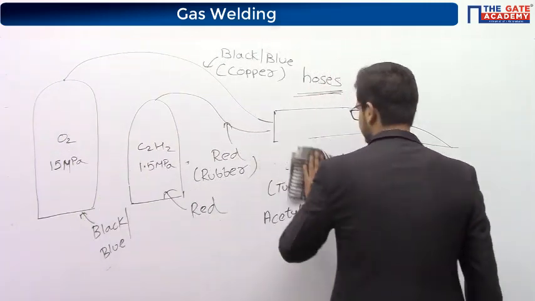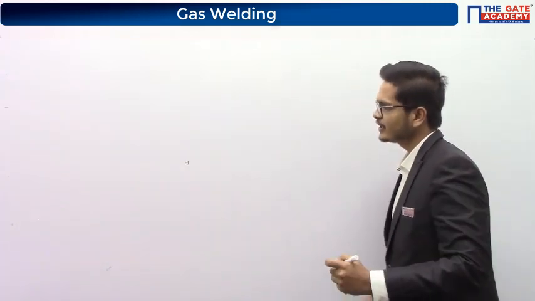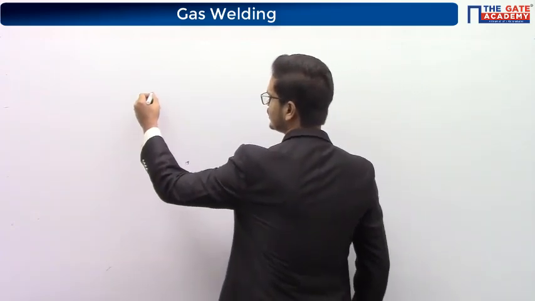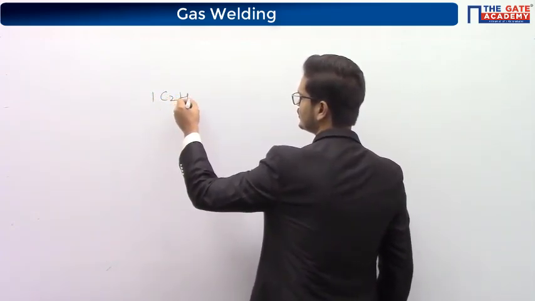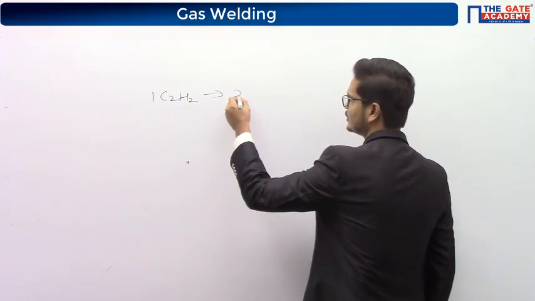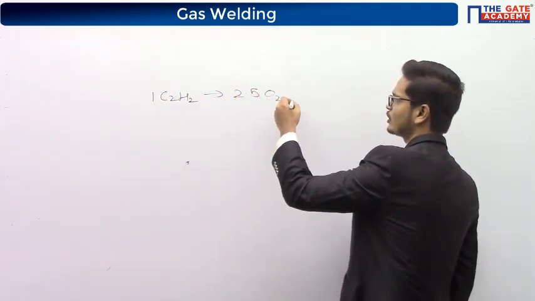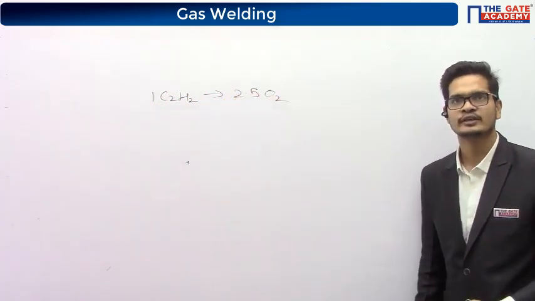Okay, now we have seen that for one acetylene we require 2.5 oxygen, right?